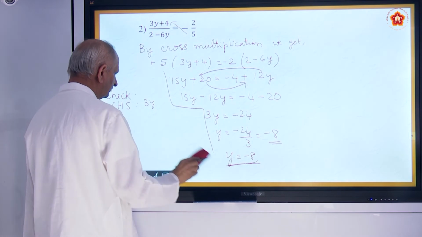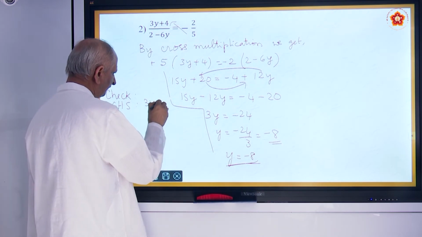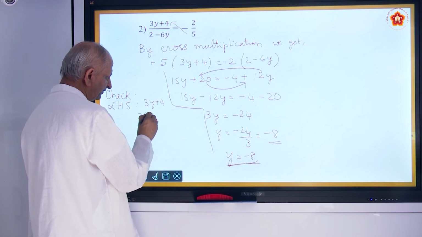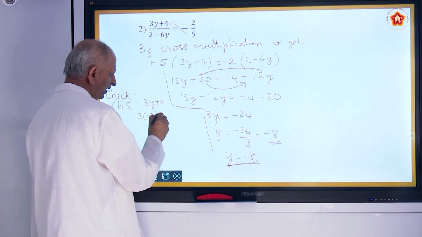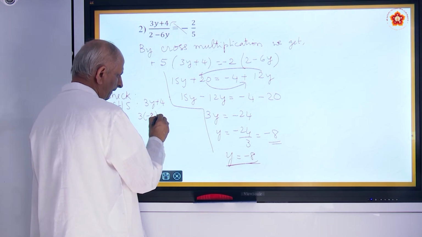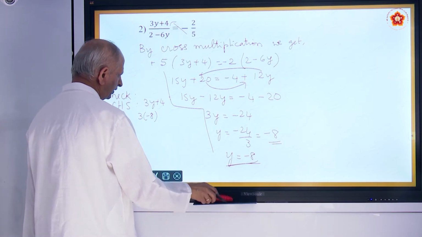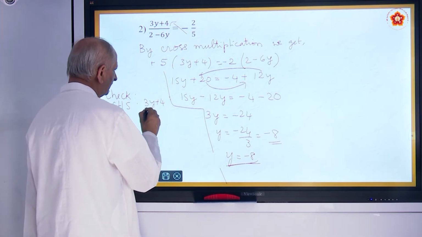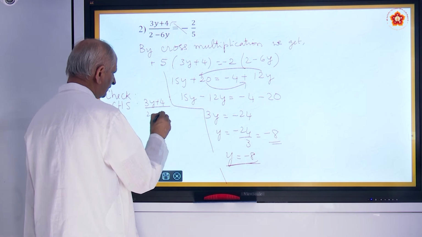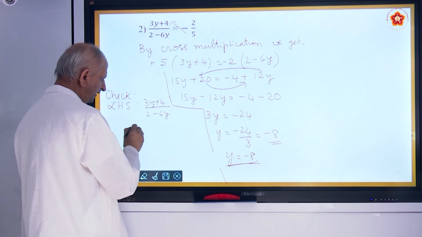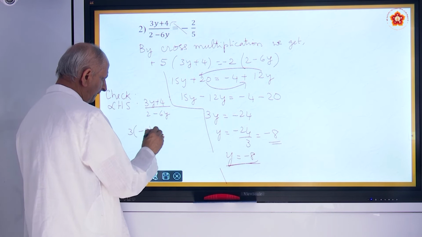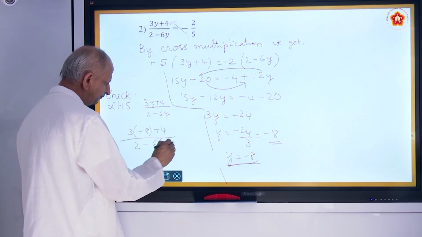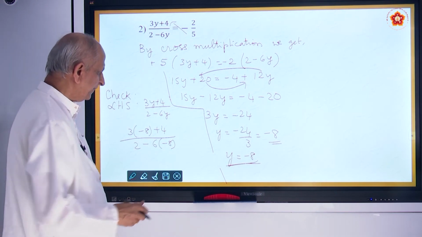In that, what is the value of y? y is minus 8. And then we write together, left hand side you have a fraction there, 3y plus 4 by 2 minus 6y, correct? So 3y means minus 8 plus 4 divided by 2 minus 6y. What is the value of y? Minus 8.